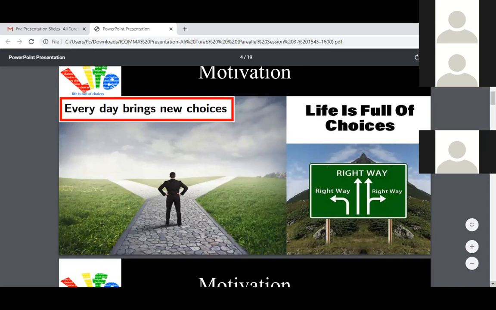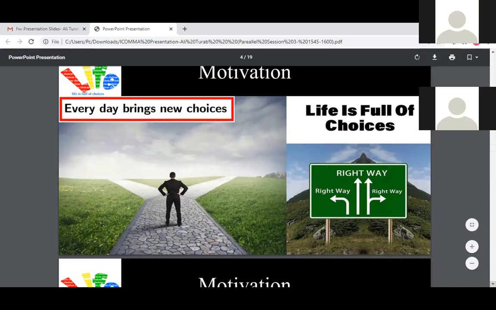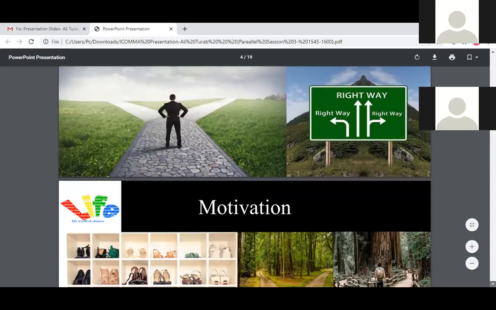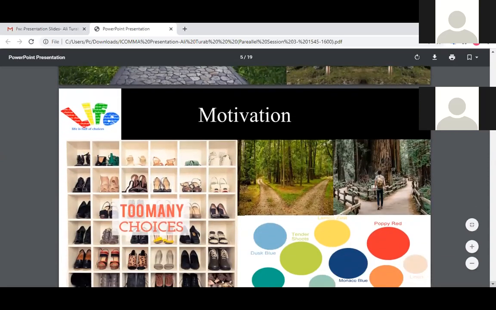When we follow a direction in Google Maps, it shows 2 or 3 directions, and it shows which direction is faster than the other. So we pick a more suitable choice among them.